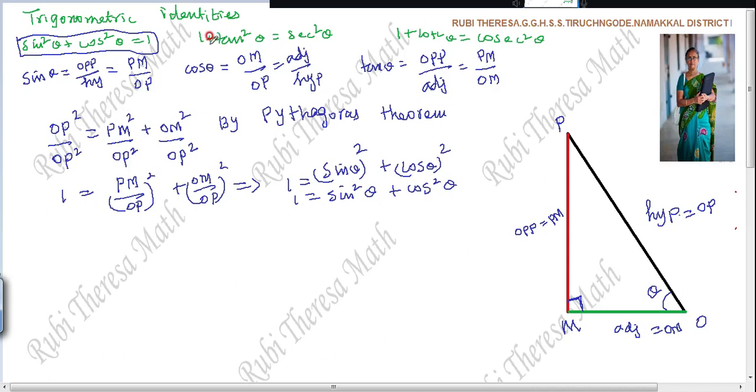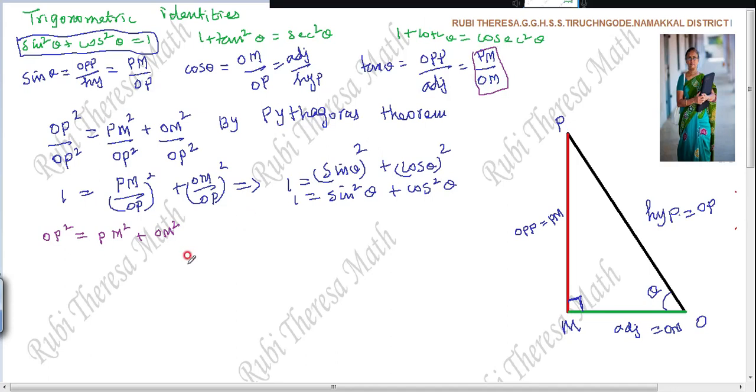Next one. 1 plus tan square theta equal to secant square theta. Actually, what did you get? OP square is equal to PM square plus OM square. What is tan theta? PM by OM.